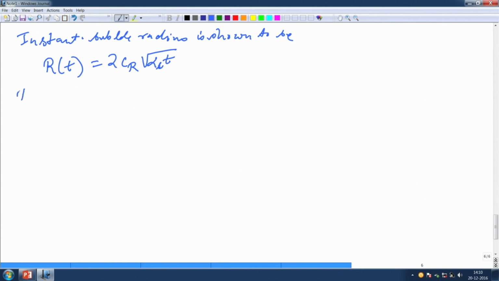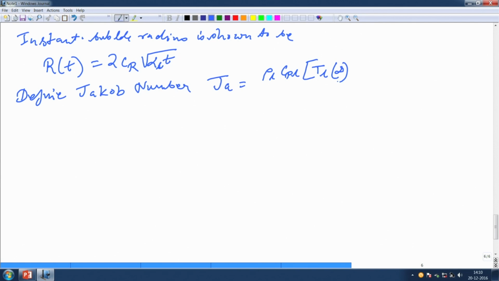Now, we can define something called a Jacob number, whatever you call it. So, that Jacob number is given by rho L CPL into TL infinity minus T sat into PV divided by rho V into HLV. This is the Jacob number.